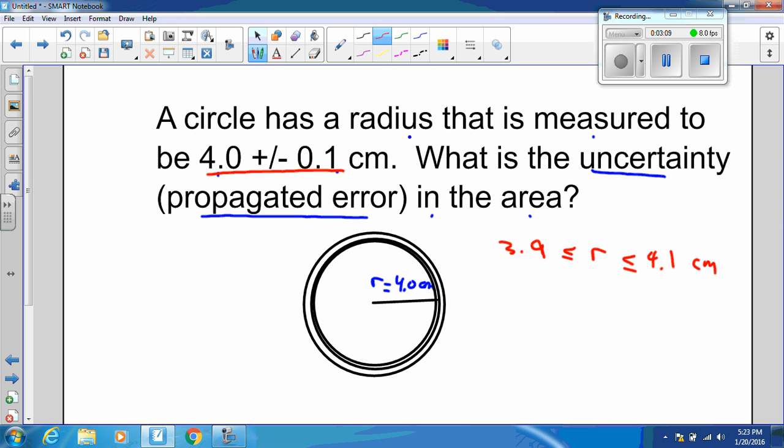And so we want to know how much uncertainty there is in the area. Well, we could compute this exactly simply by taking the area at 3.9, the area at 4.1, and subtracting from that the area at 4.0. And that would tell us how much uncertainty there is exactly.